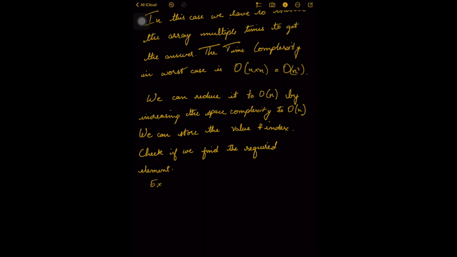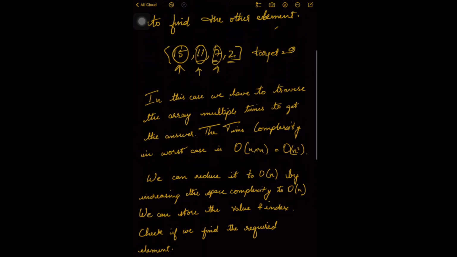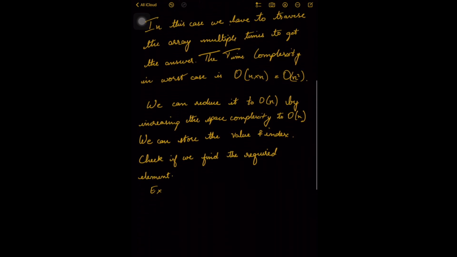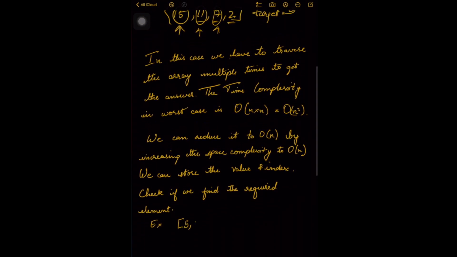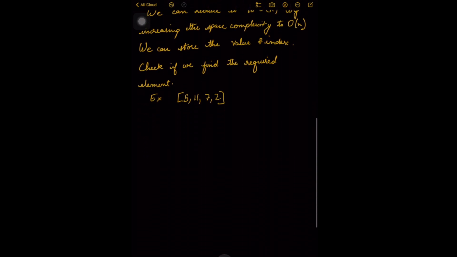Now let's just take an example. Assume we have a similar input array where we have 5, 11, 7, 2. Let's say this is the input and the target is 9 again. In this case, what we can do is we can keep all of these values in a map.